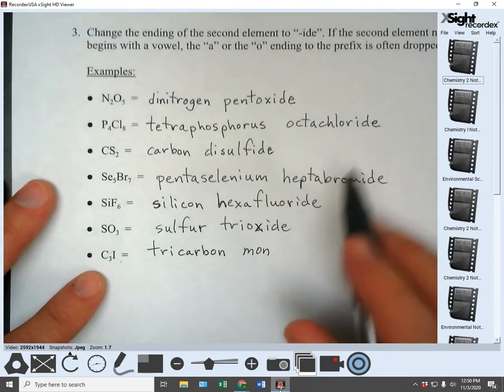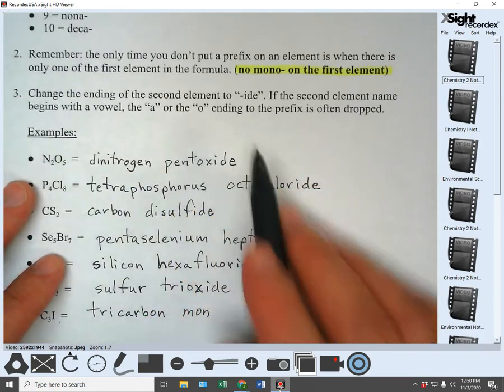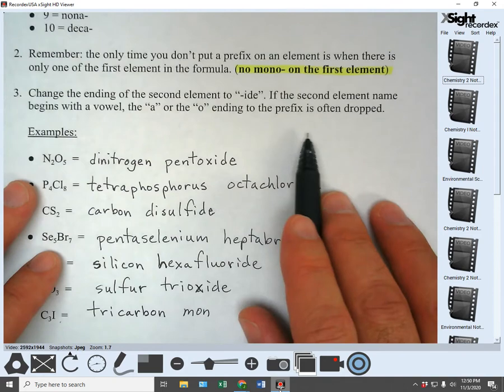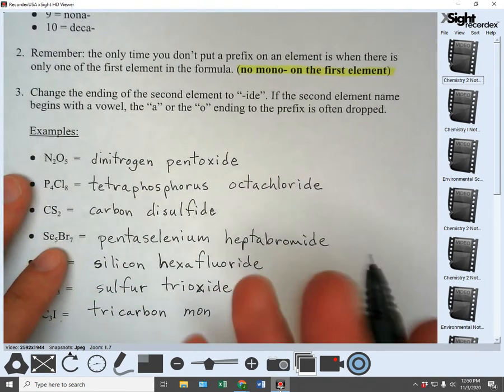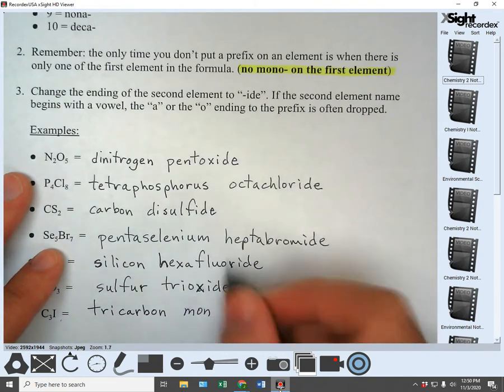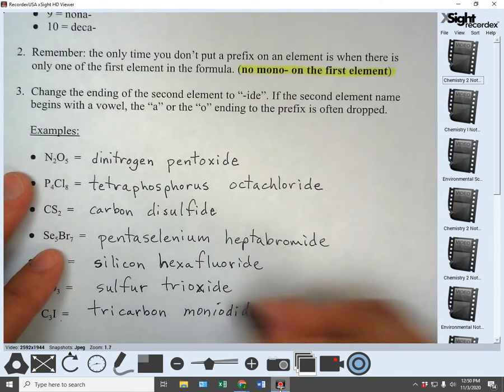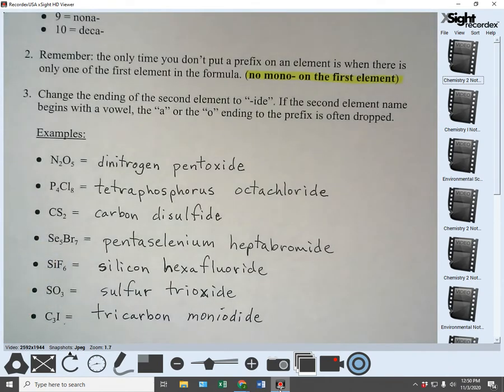And actually it says if the second element name begins with a vowel, and iodine begins with a vowel, the A or the O is usually dropped. So I'm not 100% sure, I would actually take this either way, but according to that rule, it would be monoiodide. If you put monoiodide, it's totally fine. Either way, I would take it.